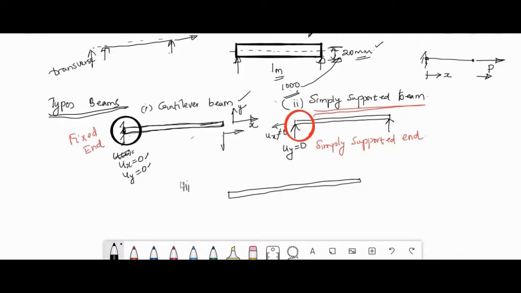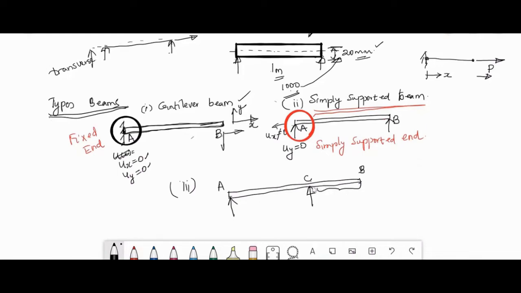You have a support at this point, A, and B, and the other support is not at the end but at some distance from the free end, point C. If only the portion up to AC were there, AC would be a simply supported beam.